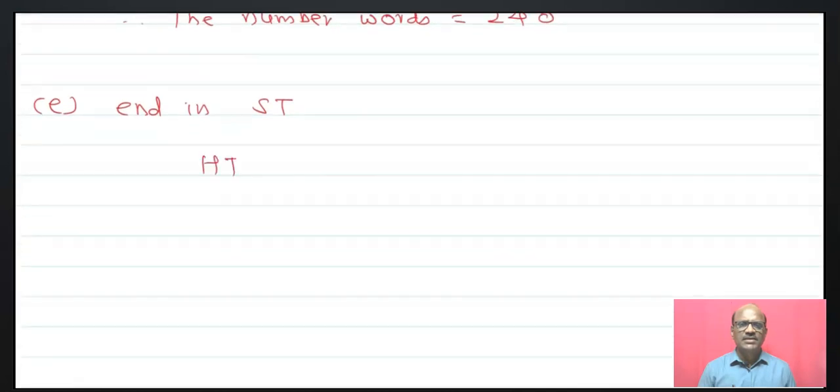Next is end in ST. Now see this here: H, I, O, R, Y, and the last is ST. Now these 5 letters can be arranged in 5P5 ways.